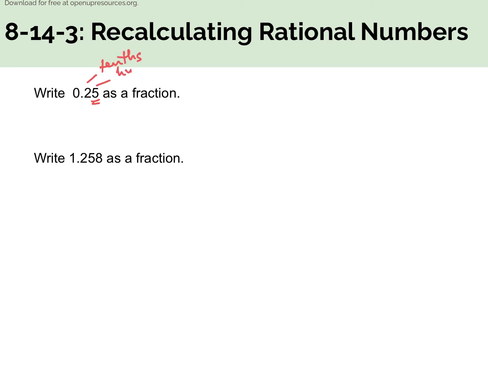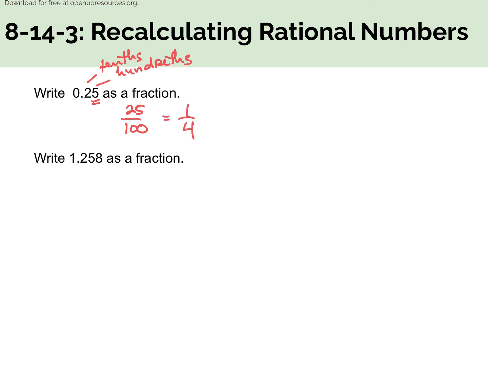The second position is the hundredths. So we take the 25 and divide it by 100. That's how we start. Now we have to ask, is this a skinny or a fat fraction? This is a fat fraction. Let's put it in our calculator and tell it to simplify. It simplifies down to 1 over 4.